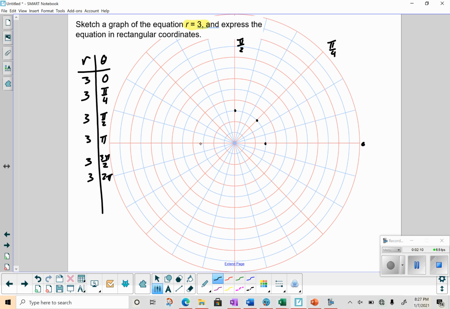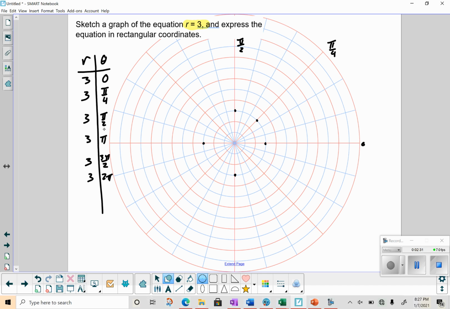For pi, it's over here, forward along the pi line. Hopefully you get a sense here that, all right, that's a grand total of 6 points plotted.